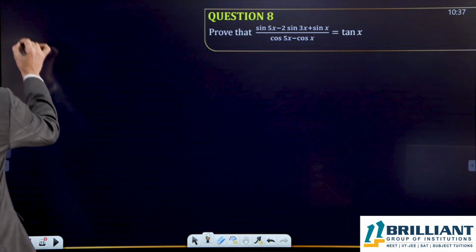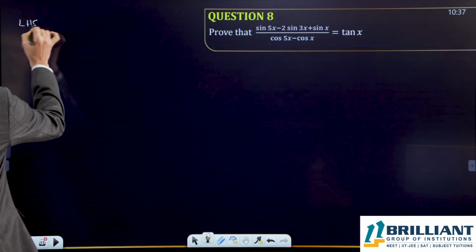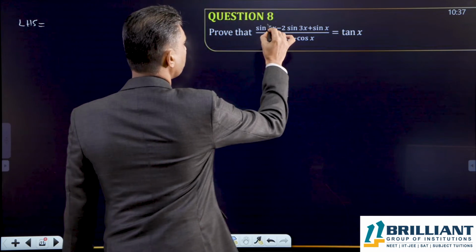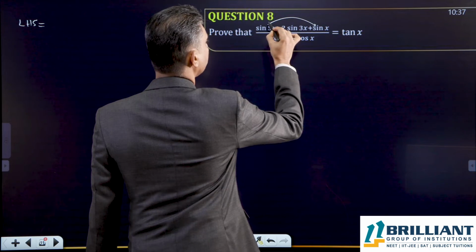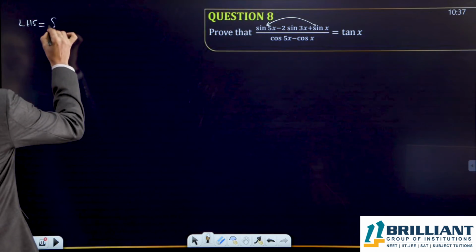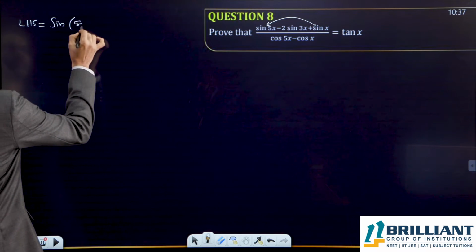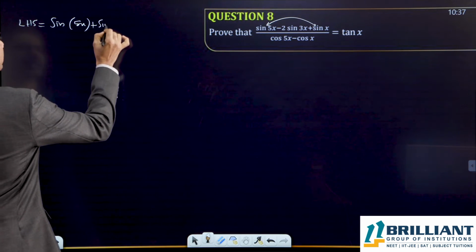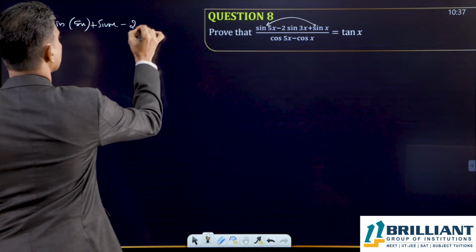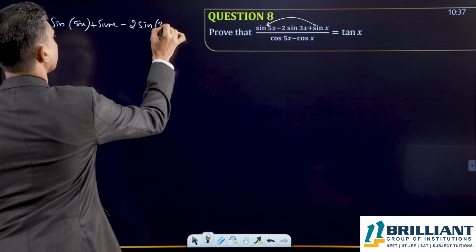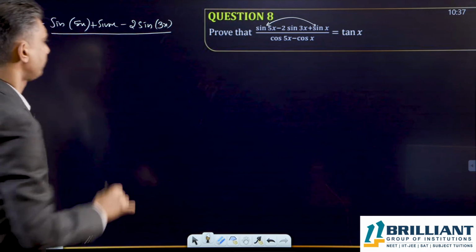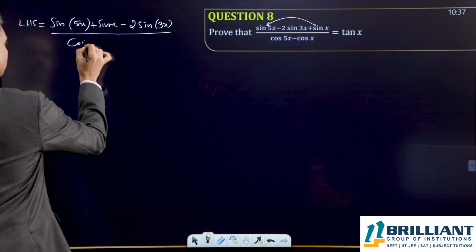So, LHS is equal to, I regroup these two, 5x and x, sin 5x plus sin x, minus 2 sin 3x, by cos 5x minus cos x.